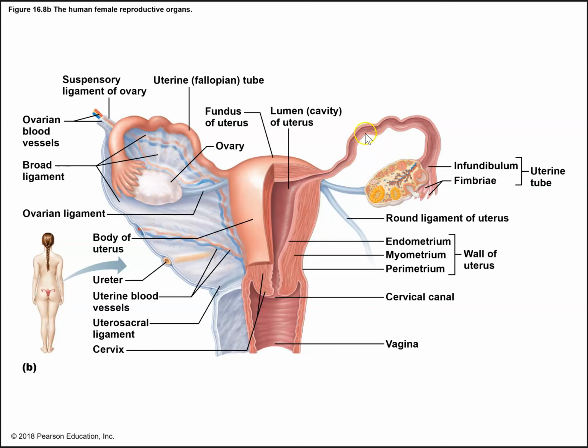The sperm basically reaches the oocyte in the ampulla, and fertilization occurs within 24 hours of ovulation. And after fertilization occurs, the zygote reaches the uterus in about 7 days after ovulation.